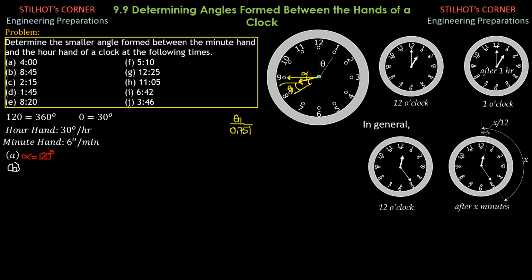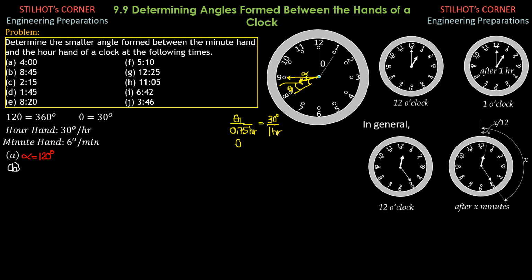This 0.75 hour is 45 minutes. Because the hour hand was pointing to the 8 mark, then after 45 minutes or 0.75 hour, 45 over 60 is 0.75, this is the position of the hour hand. So theta 1 as to 0.75 hours is equal to 30 degrees as to 1 hour, from this speed of the hour hand.